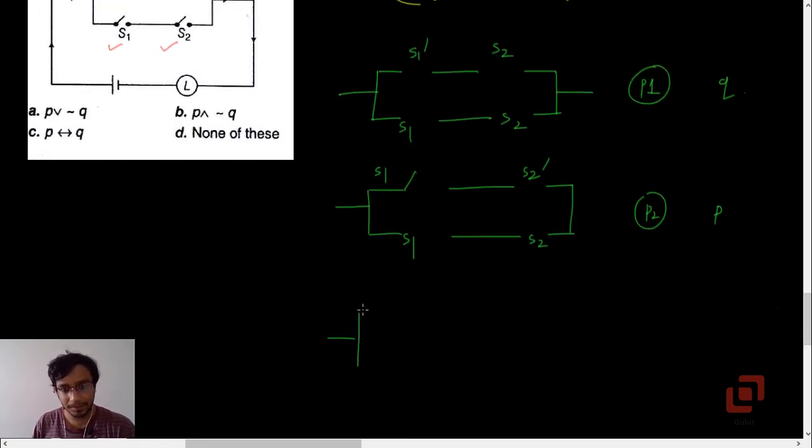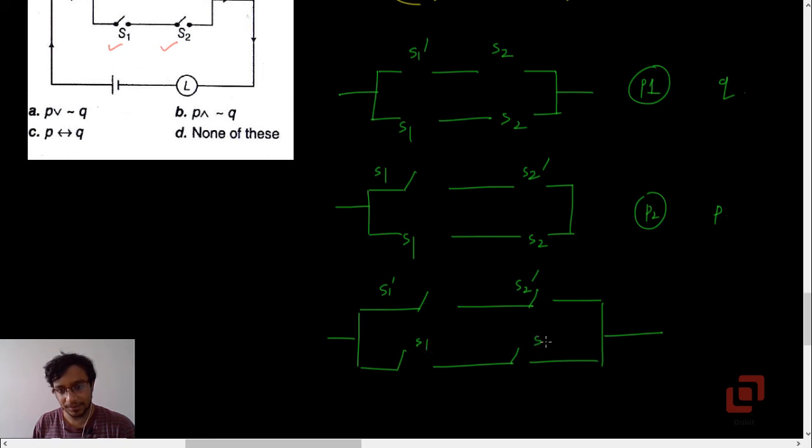Possibility 3, you can consider S1 dash S2 dash S1 S2. Now that will be worth interesting to look at. So you can take this as homework. You have to construct the truth column and the statement pattern associated with this particular switching circuit.